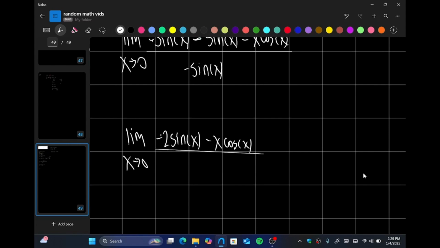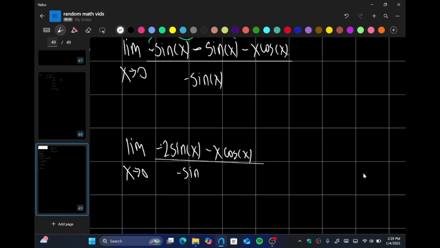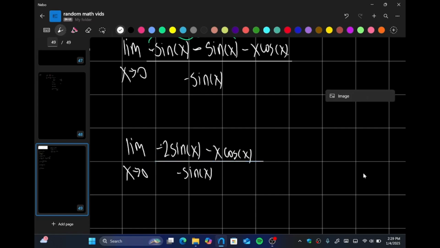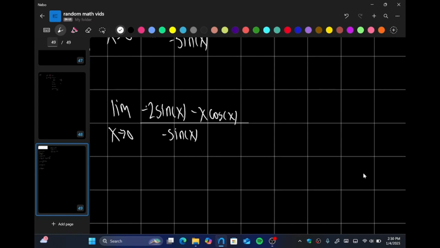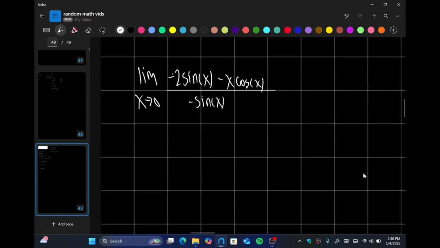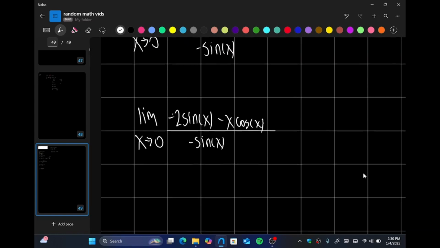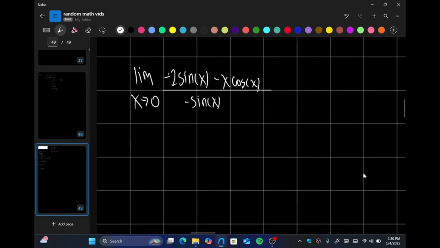Over negative sine x. Okay. So, yeah, I'm so sorry, guys. Like I said, this is a really tedious problem. As y'all know, I'm not perfect either. I make mistakes. So it's supposed to be negative sine x instead of negative cosine x. So you have to be really careful, okay?